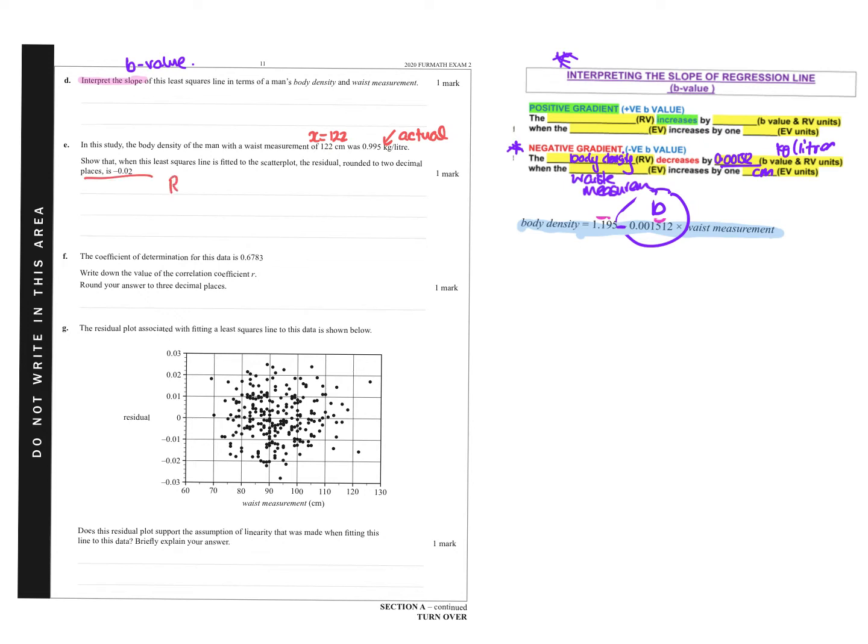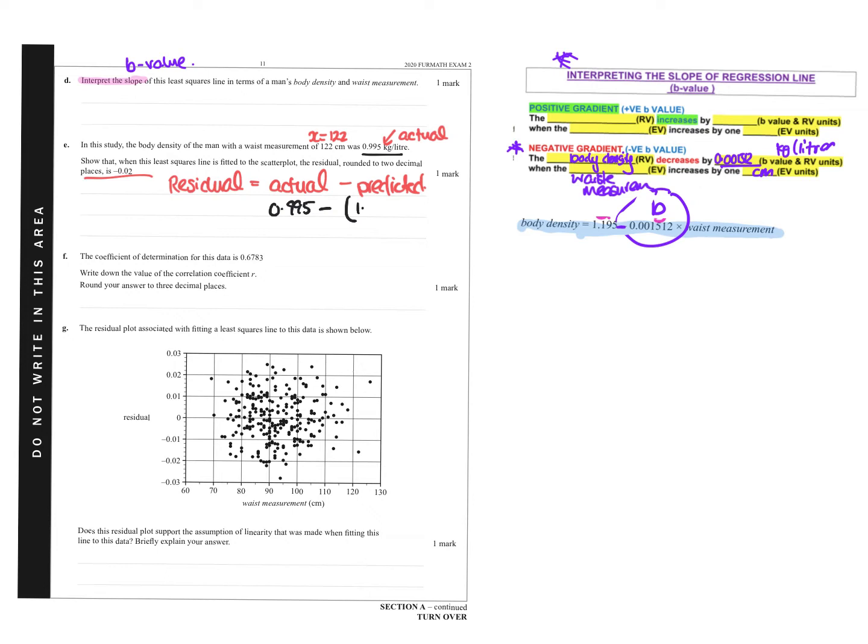So if you write out your rule for residual, it equals actual minus predicted. Okay, the actual, they gave it to us, so we know that is 0.995. And the predicted, you have to use the equation.